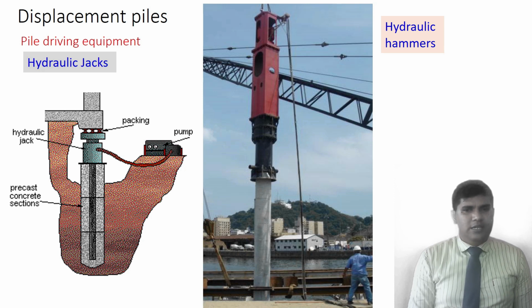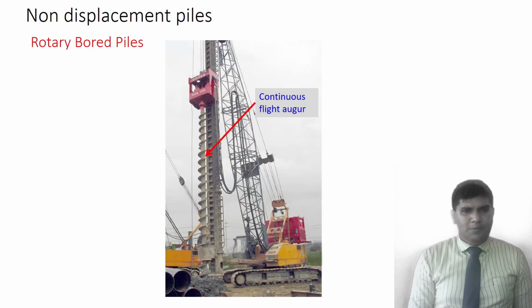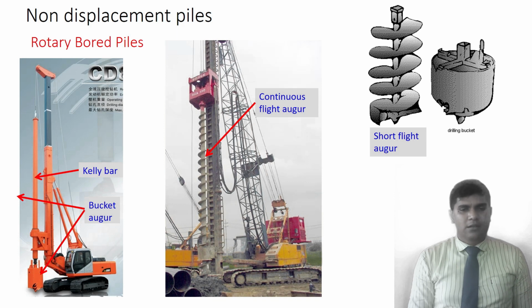So hydraulic jacks and hydraulic hammers are used in pile driving, especially in the displacement pile. But this non-displacement pile is the common form of pile we use, because we do all the works at the site. You drill the holes, lower the reinforcement and do the concrete. All the works are executed at the site.